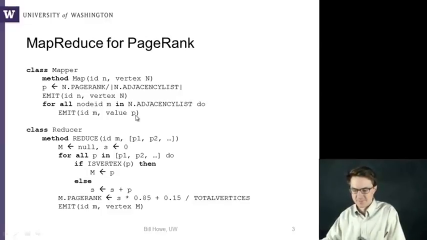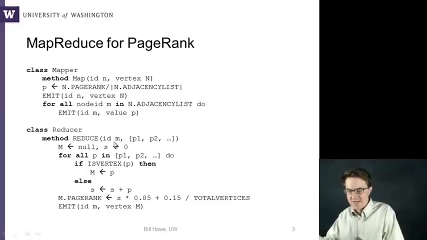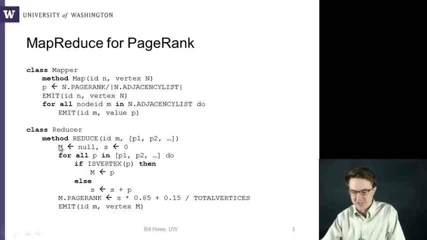And then for each of my outgoing neighbors, send the appropriate fraction of my PageRank, which is the value p that we just constructed. Okay, so now on the reduce side, we've got a node ID m and a list of things. Then we initialize a couple of values, this m object to null and a new rank to 0. And then for every p in this list of p's, we check to see if it's a vertex.